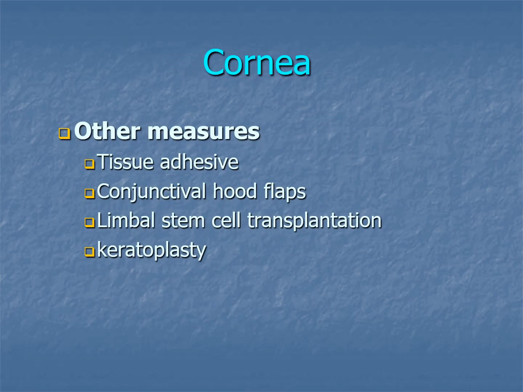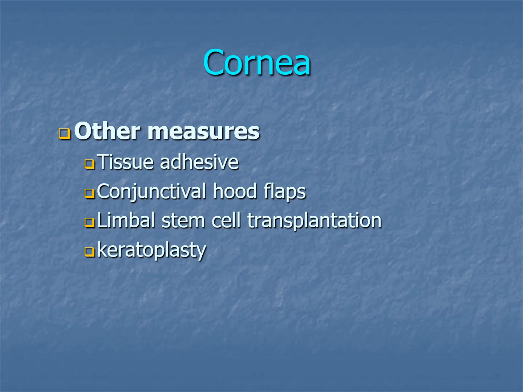The other measures which we can use to heal corneal ulcers are tissue adhesives. Cyanoacrylate glue can be used to seal perforating ulcers or perforating portions. We can use conjunctival hood flaps.